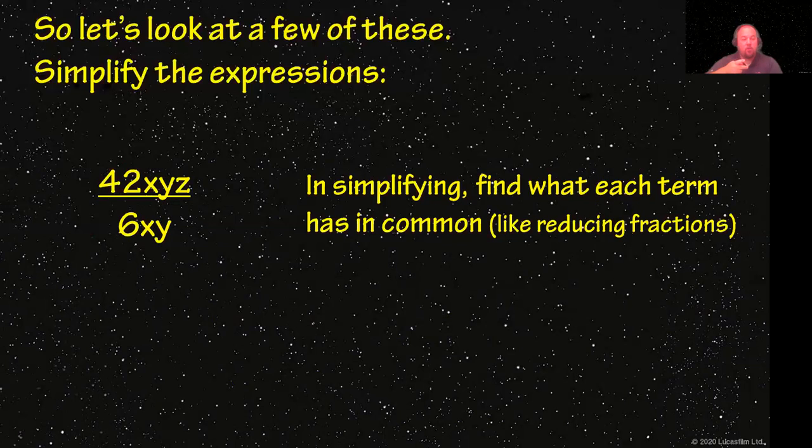Yes, this is a division problem, but division is just multiplication. It's just the opposite side of it. So if you know your multiplication, you should know your division. You'll be able to kind of work those side to side. So we see this, we find out what they have in common. Take a couple of seconds to look and see what we have in common there.